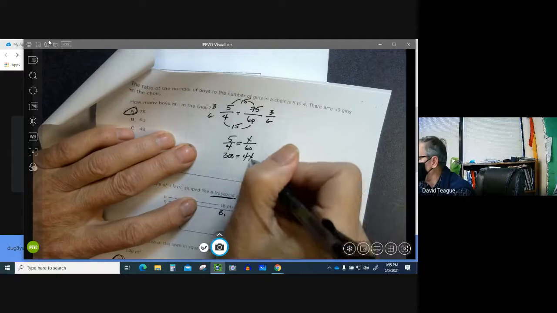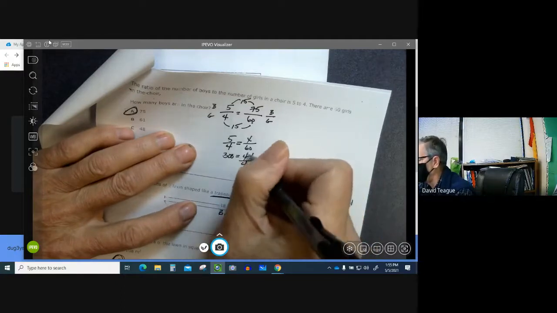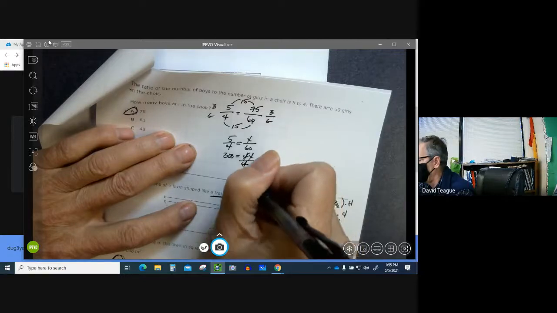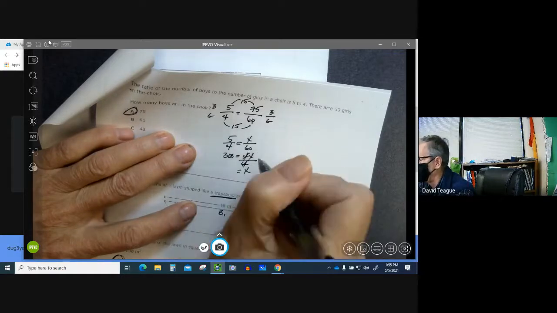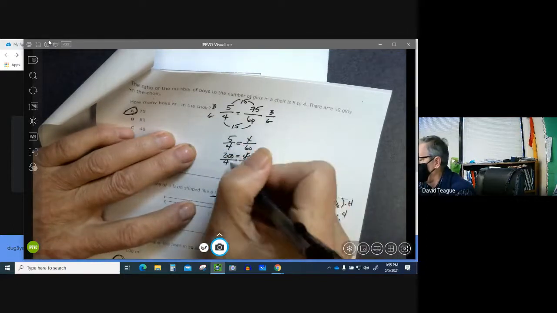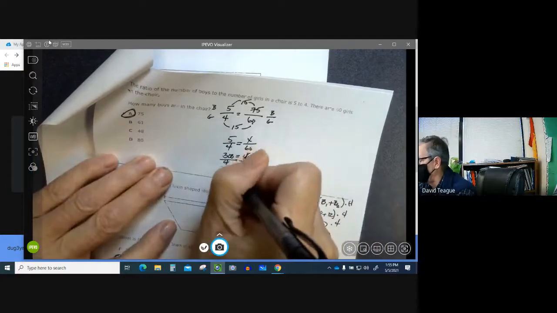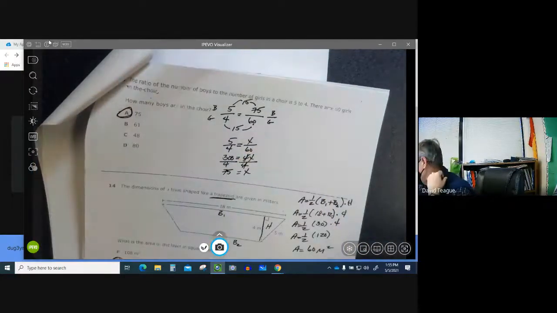I want to solve for x, so I'm going to divide by 4. When I divide by 4, these 4's fall out. I have x by itself, but I have to do the same thing to the other side to keep my equal sign. And 4 goes into 300 75 times. Just another way to do it.